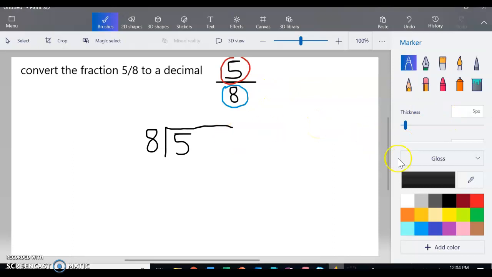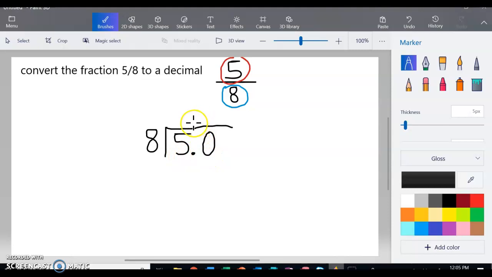So the next step is changing this to a decimal. If you notice, 8 cannot go into 5. It's too big. So what we have to do then is put a decimal and a 0. By putting a decimal and a 0, we're not making the number any bigger or smaller.